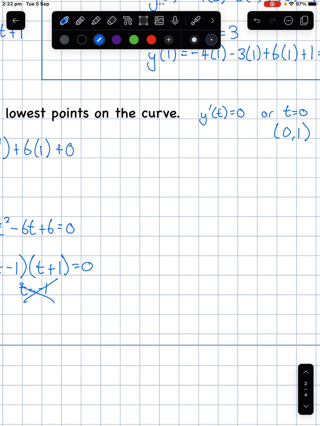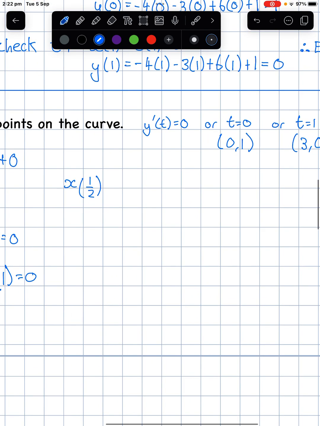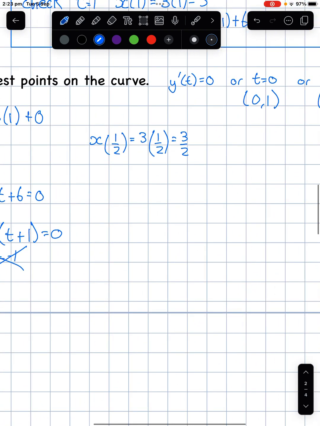So if we're going to calculate x of 1/2, because t equals 1/2, we get 3 times t, which is 1/2, which gives us 3 on 2. And then our other value is going to be y of 1/2.